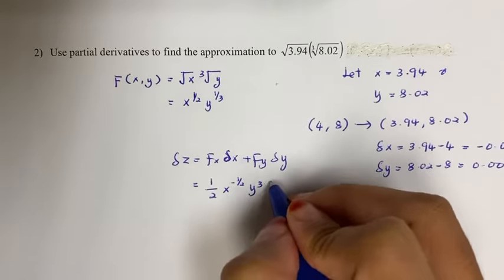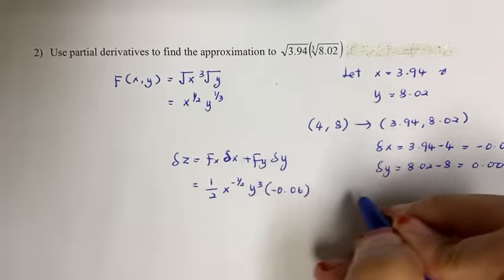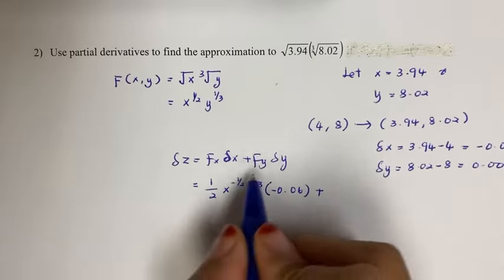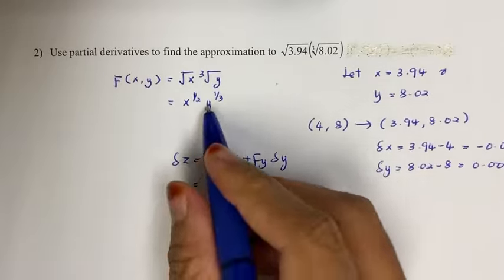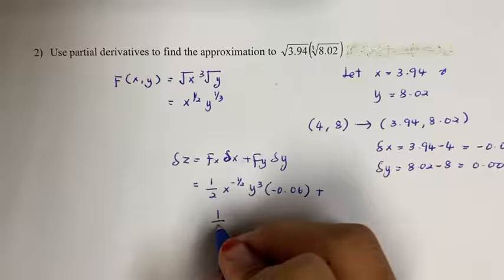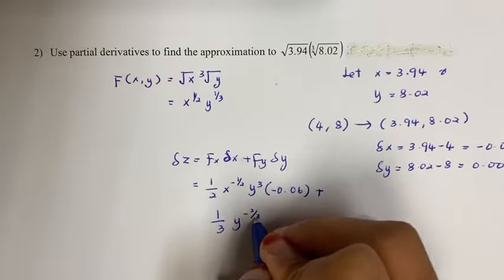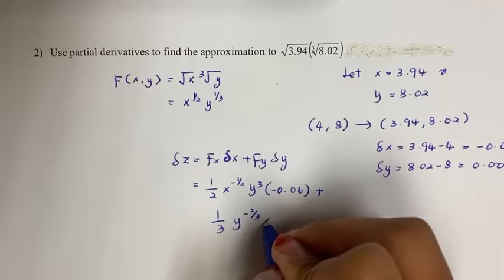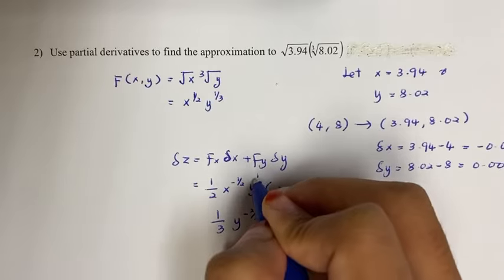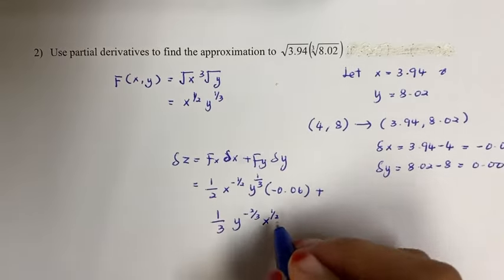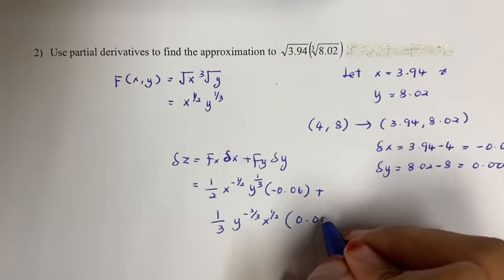So substitute delta x with minus 0.06 plus fy. Okay, so fy here is 1 over 3 y to the power of minus 2 over 3, and x to the power of 1 over 2 remains, multiplied by delta y, which is 0.02.